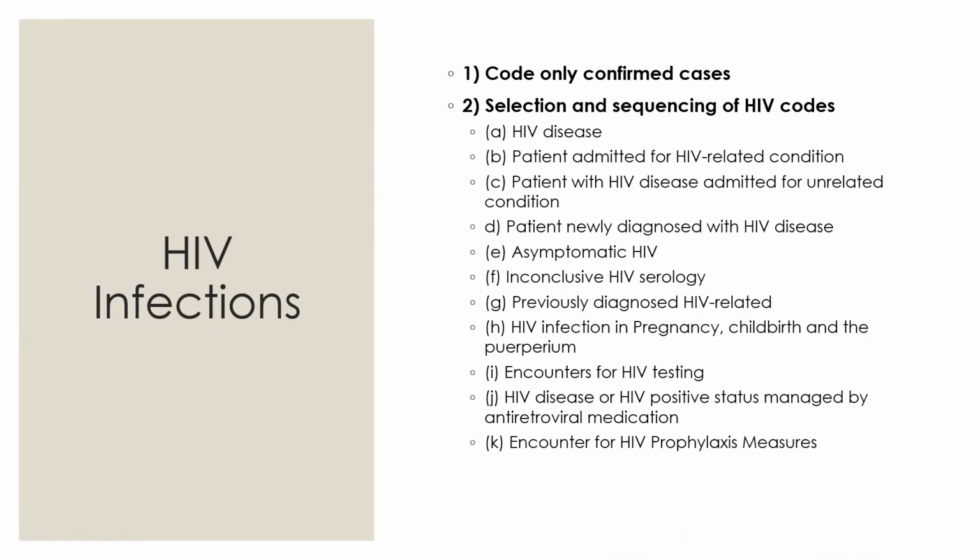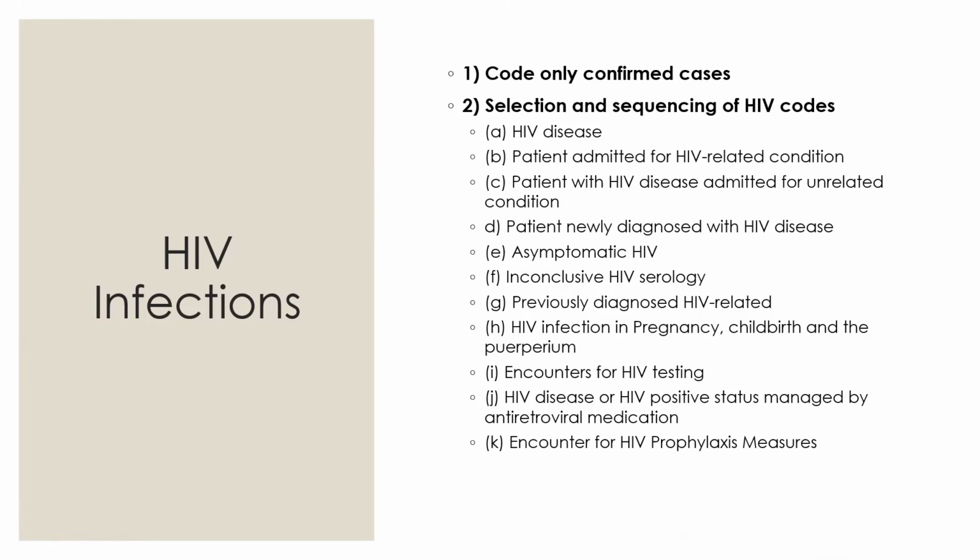When there is an HIV disease or HIV positive status managed by an antiretroviral medication, B20 should still be coded, and if the patient is diagnosed as asymptomatic HIV status and on antiretroviral medicine, then you would use Z21.